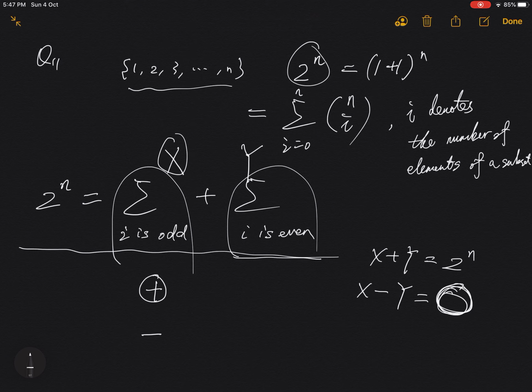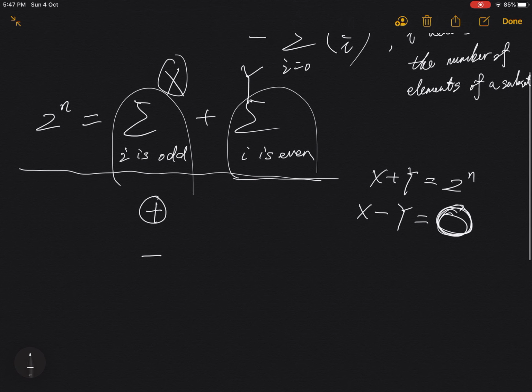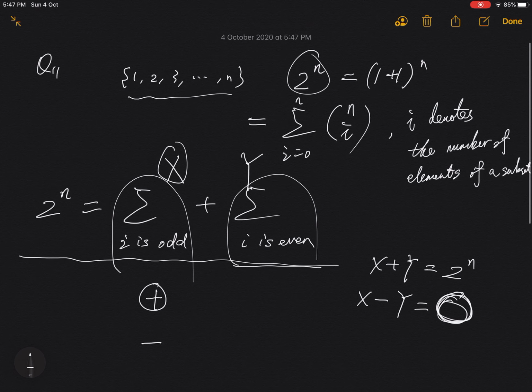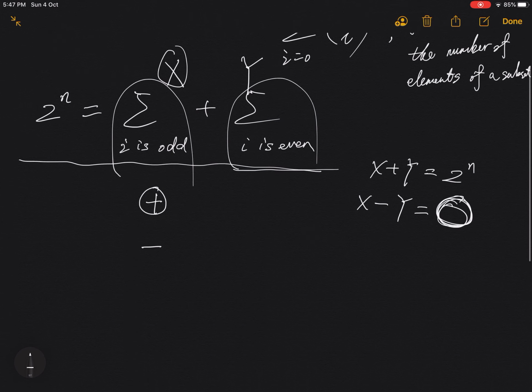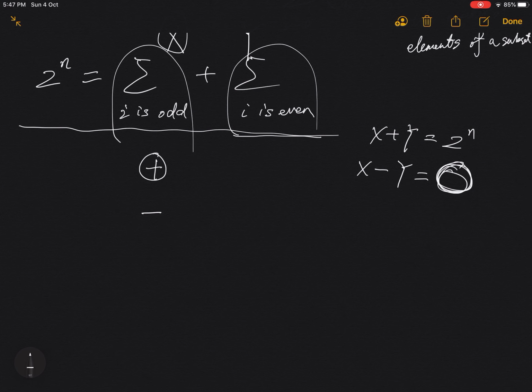Actually, we don't know here. So how to create it? Then I find if we change 2 to the power of n into 1 plus 1 to the power of n, right? So how to generate a minus 1? What if we have 1 minus 1 to the power of n?